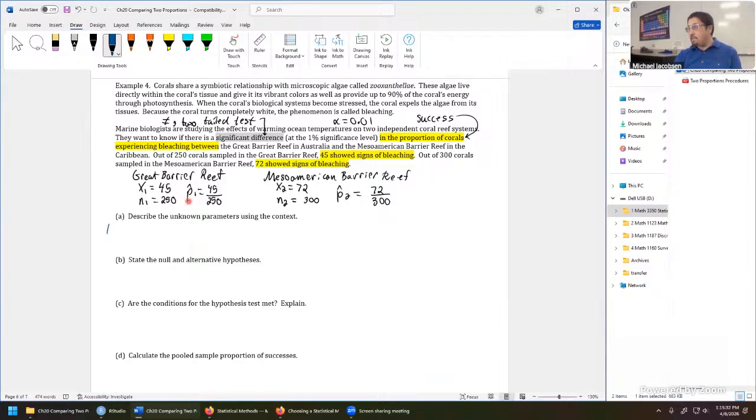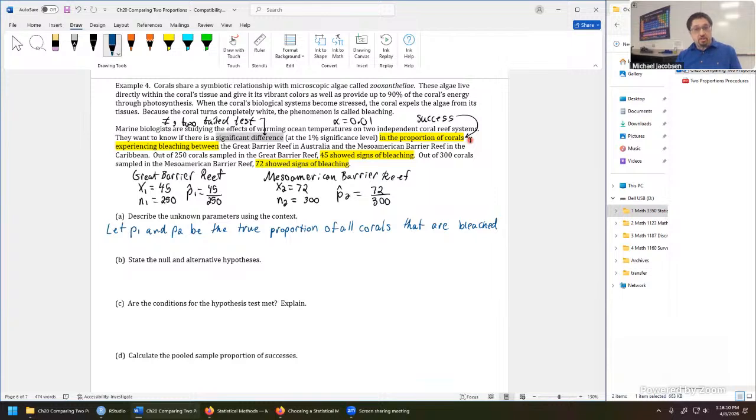So we can now say let P1, approximated by that P hat 1, and P2, approximated by that P hat 2, be the true proportion. It's the proportion of successes, but we have to say in context what the success was, bleached corals. So let's say the true proportion of all corals that are bleached.